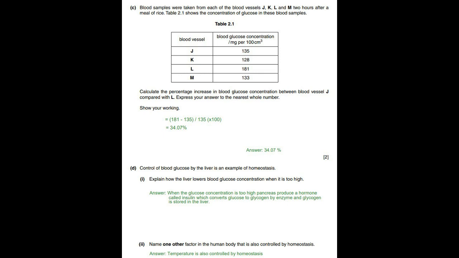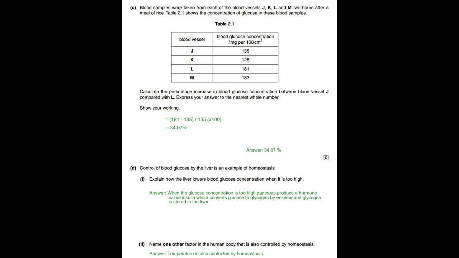Calculate the percentage increase in blood glucose concentration between blood vessel J compared with L. Express your answer to the nearest whole number. So the answer is: 181 minus 135, divided by 135, times 100, and the answer is 34.07%. Hence we can say it is 34%.